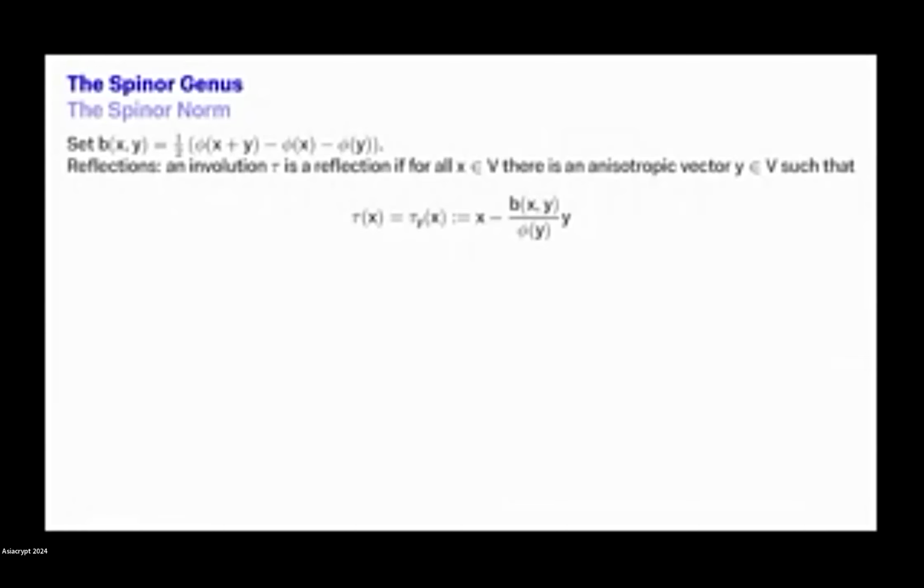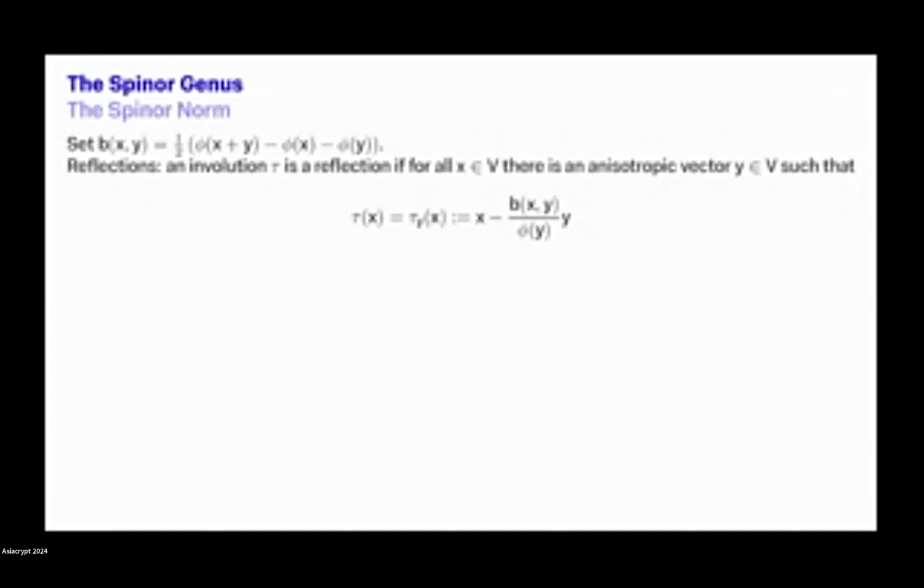So we'll now need to define the spinor norm, that homomorphism I talked about earlier. We'll let B of xy be the bilinear form corresponding to the quadratic form phi using the polarization identity. So B of xy is half of phi of x plus y minus phi of x minus phi of y. And we'll then define a reflection. A reflection is an involution tau, i.e. a degree 2 map, which is defined by some anisotropic vector y, such that for all x in V, tau of x is given by x minus B of xy over phi of y times y.